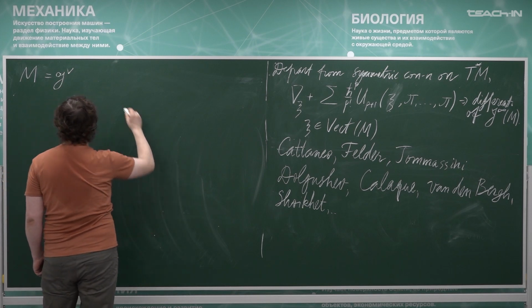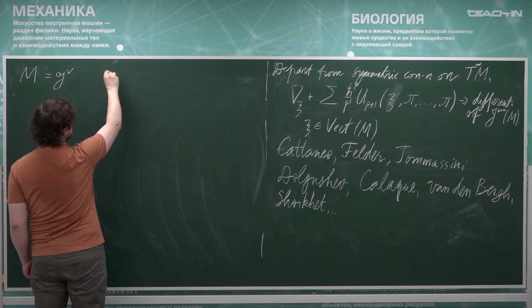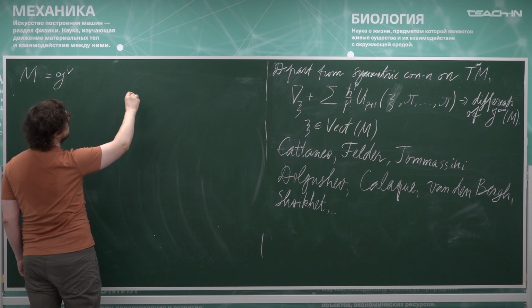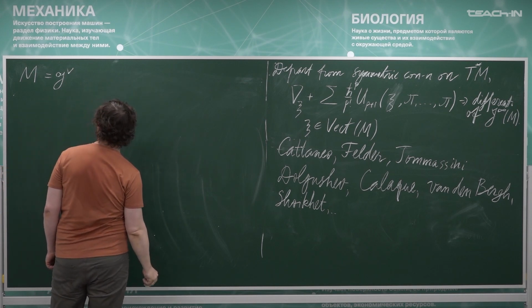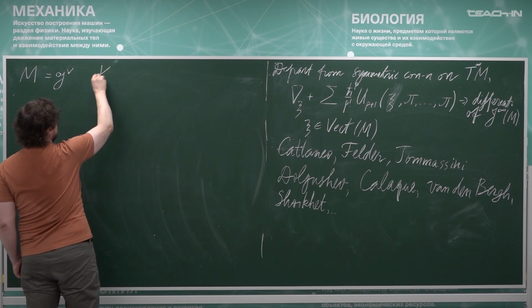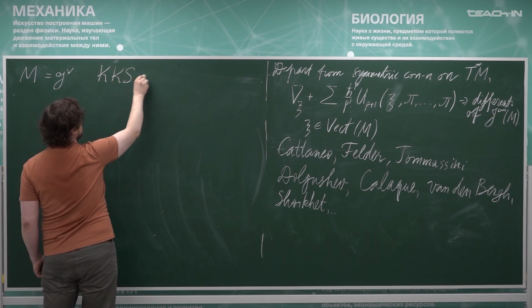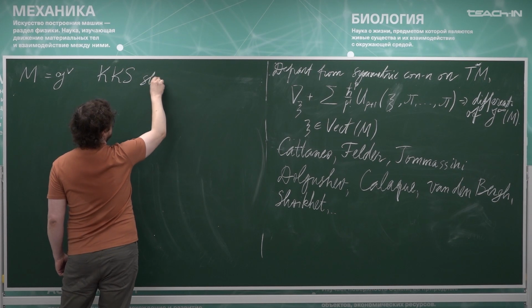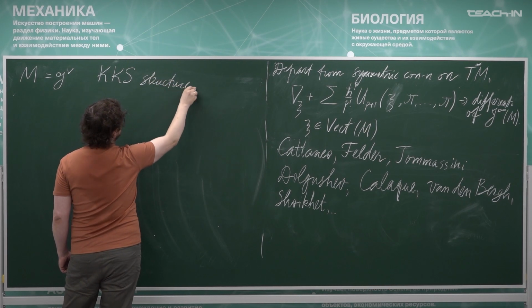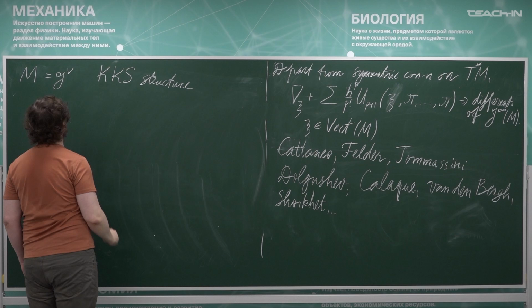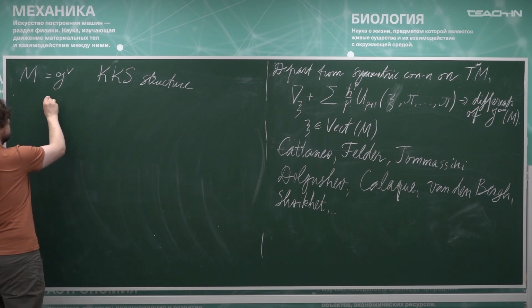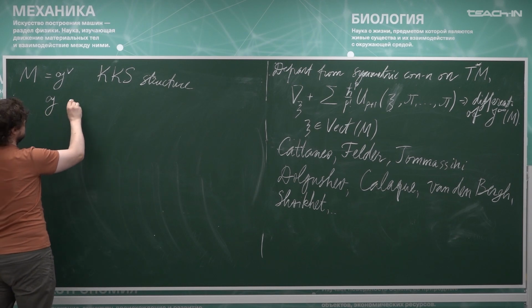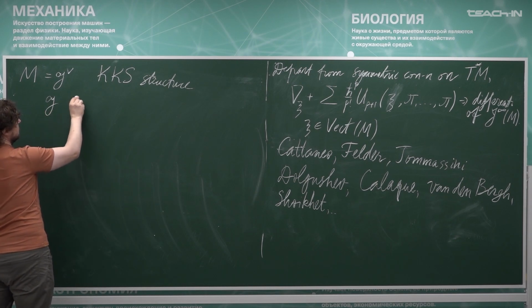Let me recall that such spaces are always endowed with a canonical Poisson structure called sometimes the Kirillov-Kostant-Souriau structure, or KKS structure. Roughly speaking, to obtain this structure, you need to identify elements of g with coordinate functions.